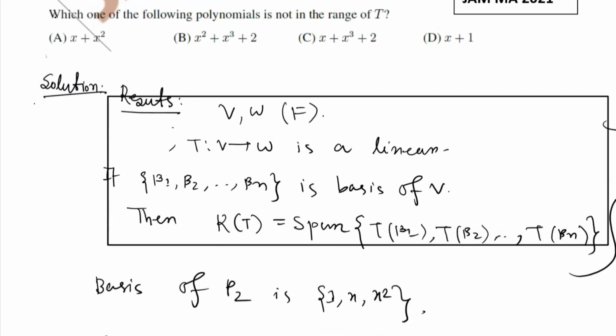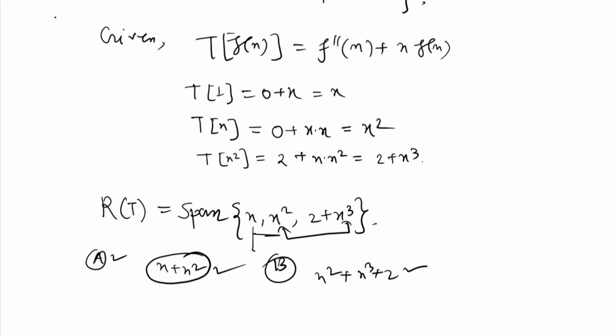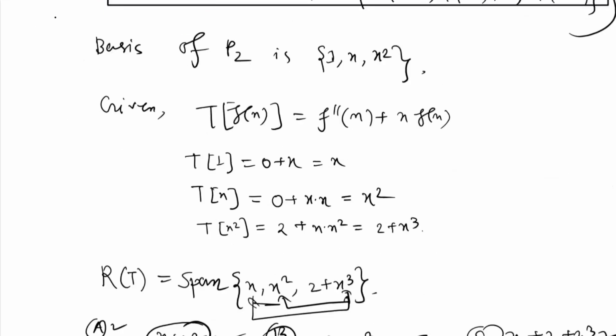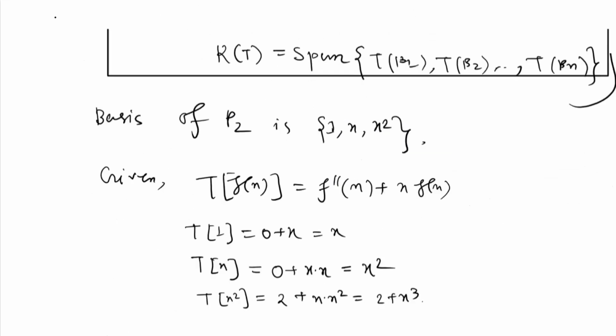And option C, x plus 2 plus x cube, is also a linear combination of the first and last. But option D is not, because option D is given as x plus 1. x belongs to this set, but 1 does not belong to the span of this set. So option D is false.